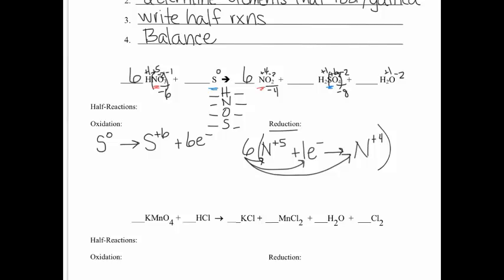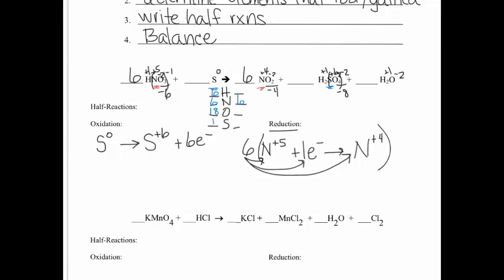So let's count up what we have. With this coefficient of 6, I have 6 hydrogens, 6 nitrogens, and I have 6 times 3 oxygens, which is 18, and I have 1 sulfur. On the product side, I have 6 nitrogens.